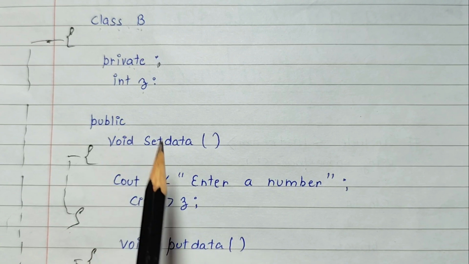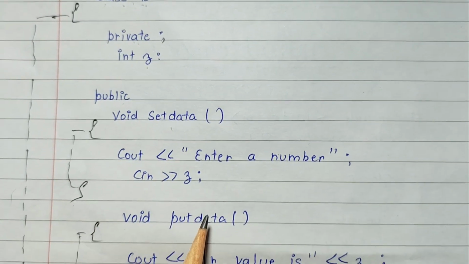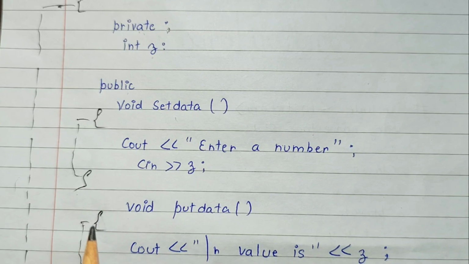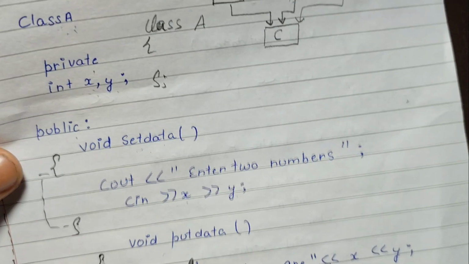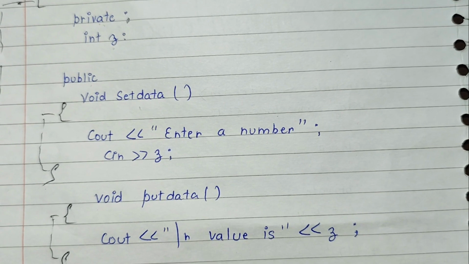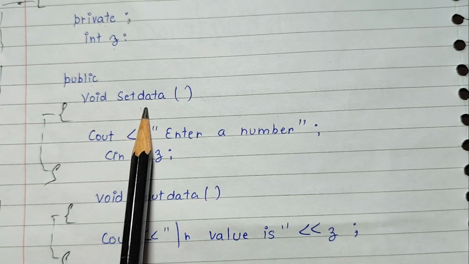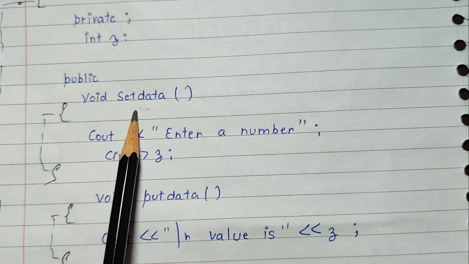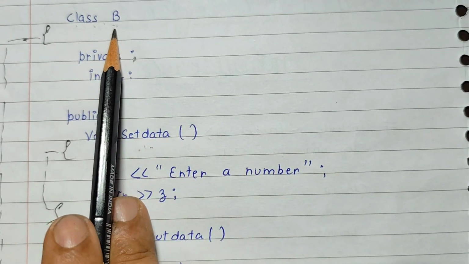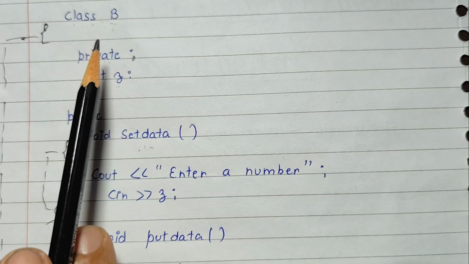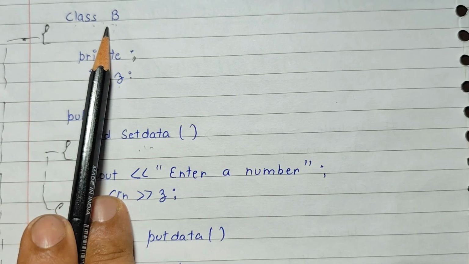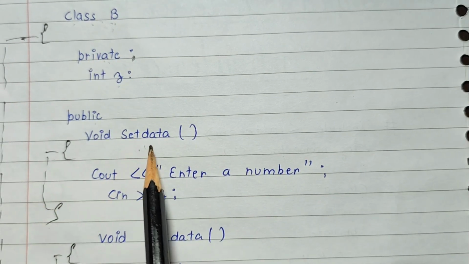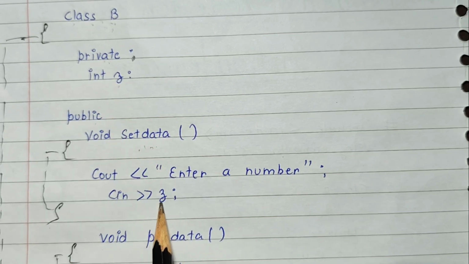Now in the public section I again create setdata and putdata member functions. If you analyze carefully, in class A we created two member functions, setdata and putdata. Now in class B we again make member functions with the same names, setdata and putdata, but this setdata member function belongs to base class B, and this putdata member function belongs to base class B. Using this setdata member function I am inputting the value of the Z variable.